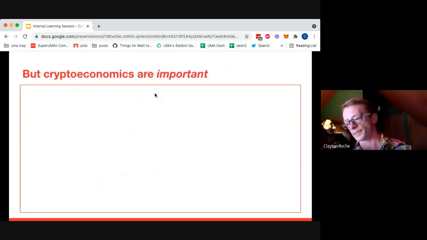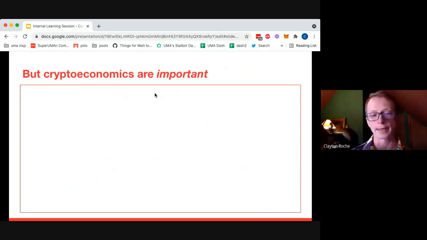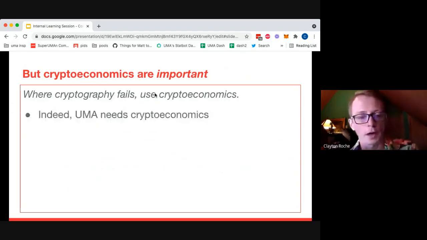So I'm ripping on extrinsic rewards and talking about why they're problematic, but I do want to remind everyone that we're firmly rooted in crypto economics. We are talking about community here. This is a quote or a law that I've heard on Bankless a few times, but I forget who said it: where cryptography fails, we use crypto economics.